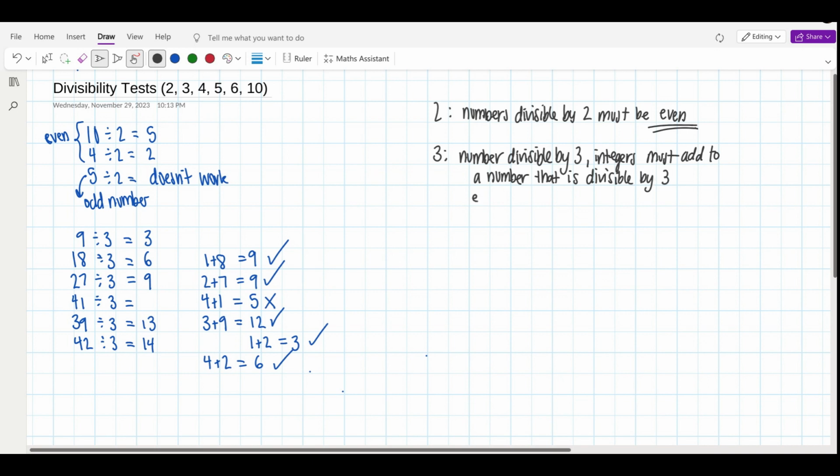So for example, if we use 42 divided by 3, we can check 4 plus 2 gives us 6, which is divisible by 3. Therefore, we know that 42 is divisible by 3.